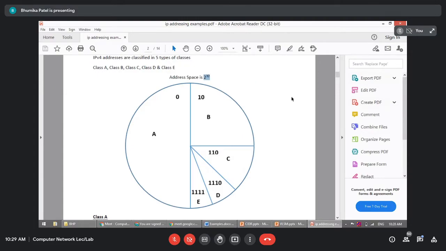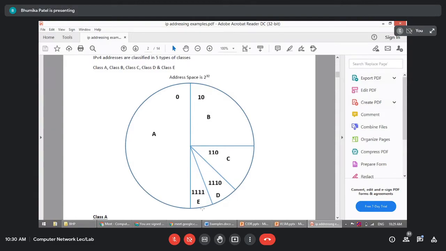Now, if I choose only one bit, that is bit 0, then I'm going to have all the IP addresses starting with 0 in class A, and here it is 1, right? Then I'm dividing this second part into 2, right? So class B is going to have 10 as prefix, and the remaining we are going to have 11.